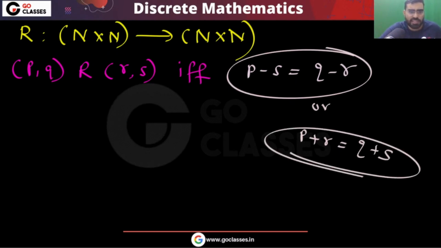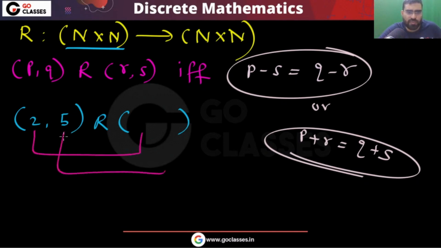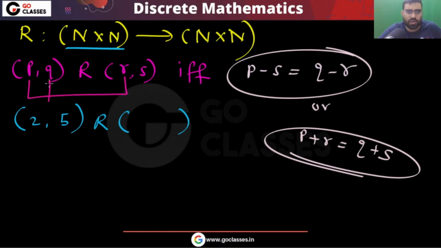First of all, understand the question very clearly. In this N cross N, you take some element, for example 2,5. This is related to what? You can notice that this addition should be equal to this addition. This p plus r should be equal to q plus s.